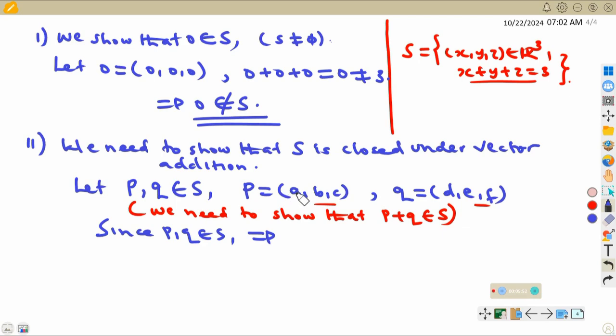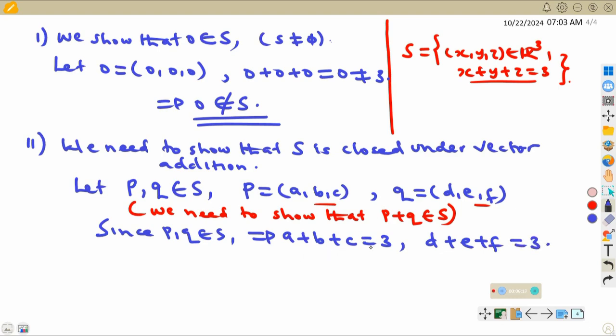So P is (a, b, c), meaning that a plus b plus c gives you 3. Also, since Q is an element of S and Q is (d, e, f), then d plus e plus f is also equal to 3.